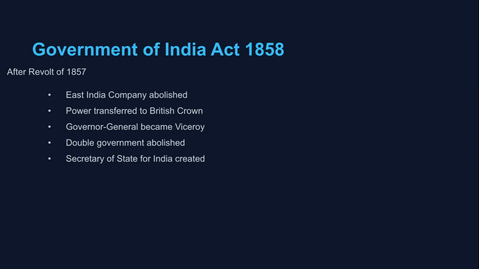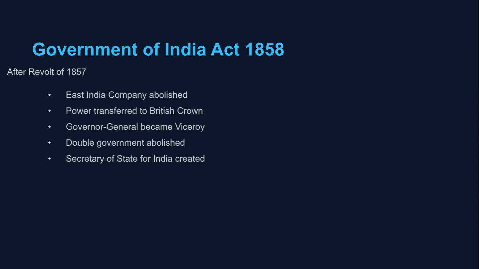The Revolt of 1857, which Indians call the First War of Independence or the Sepoy Mutiny, was a watershed event. It shook the foundations of company rule and led directly to the Government of India Act of 1858. This act, formally titled the Act for the Good Government of India, abolished the East India Company entirely. The company's 157-year rule ended.